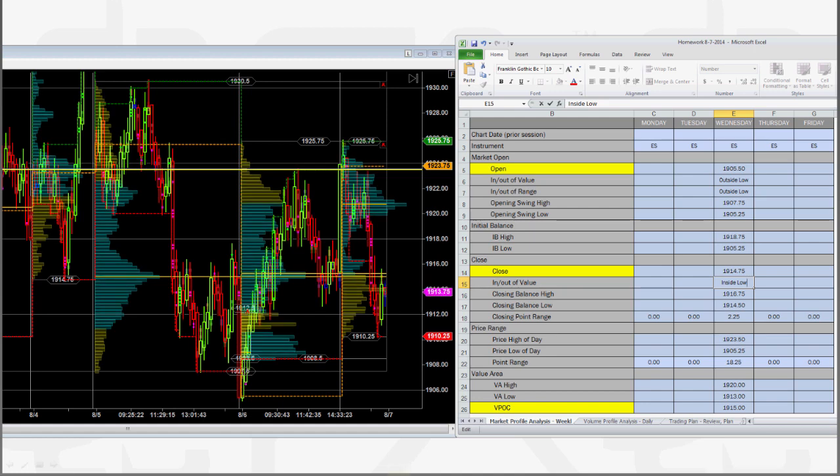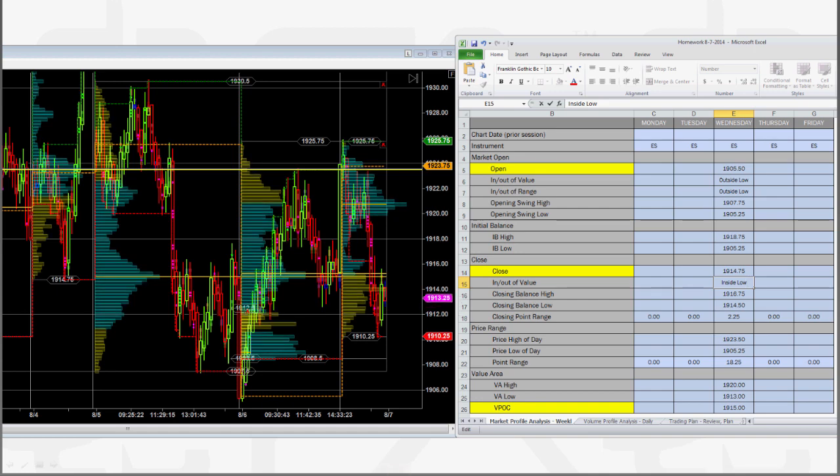If you ever get an intraday low volume area at the top or bottom of IB, which means price has gone through IB, either to the top or the bottom, that's referred to as range extension, range being the IB range.